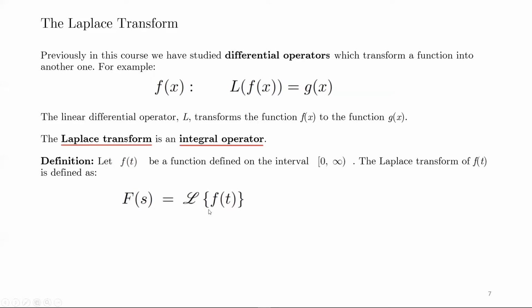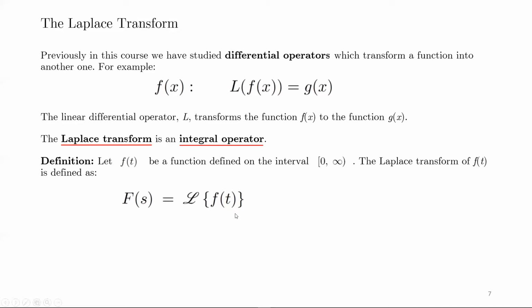Okay, and a second way we write that is we write capital F of s. Okay, capital F is because our function we were calling lowercase f here. So the standard notation is write a capital letter of the lowercase letter of the function you're taking. So here we've got an f, here we've got a capital F. S is a new variable which we're going to talk about shortly. Okay, so basically both of these terms are saying the Laplace transform of this function f of t.